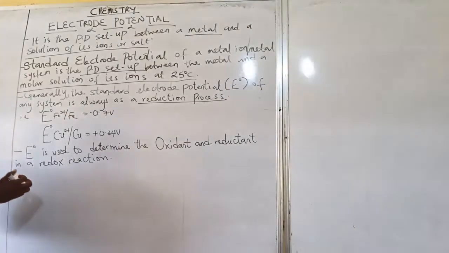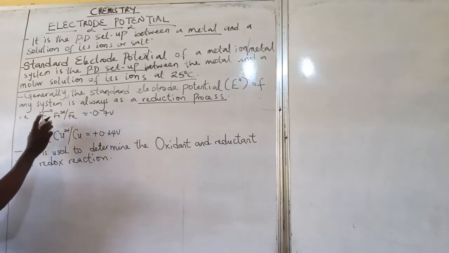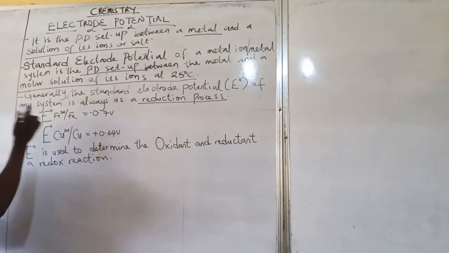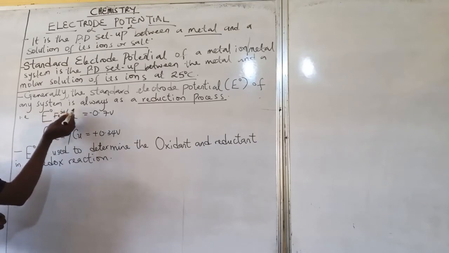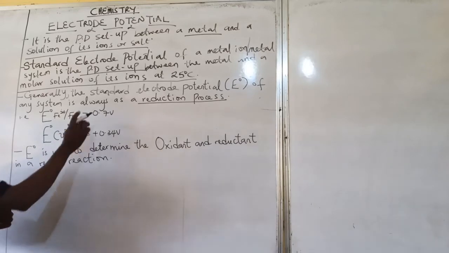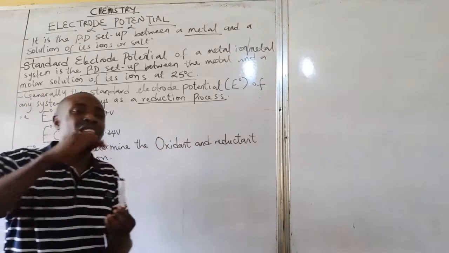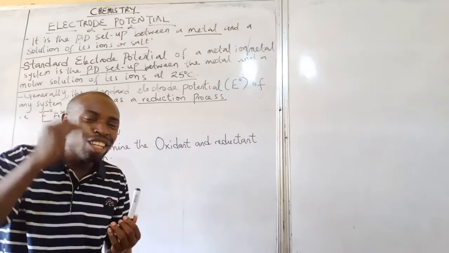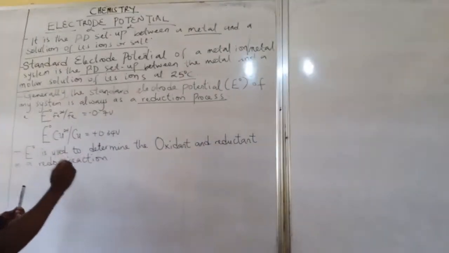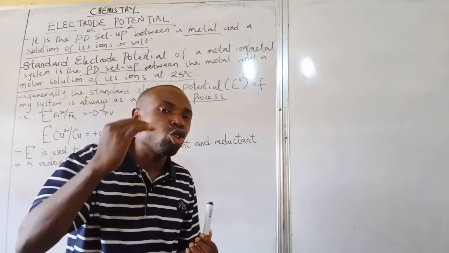For all standard electrode potentials, it comes in this format, as you can see right here on the board, whereby from +2 to 0 is a reduction process, and you have it here too, the same. So it means that generally the standard electrode potential of any metal system is always in its reduction process.